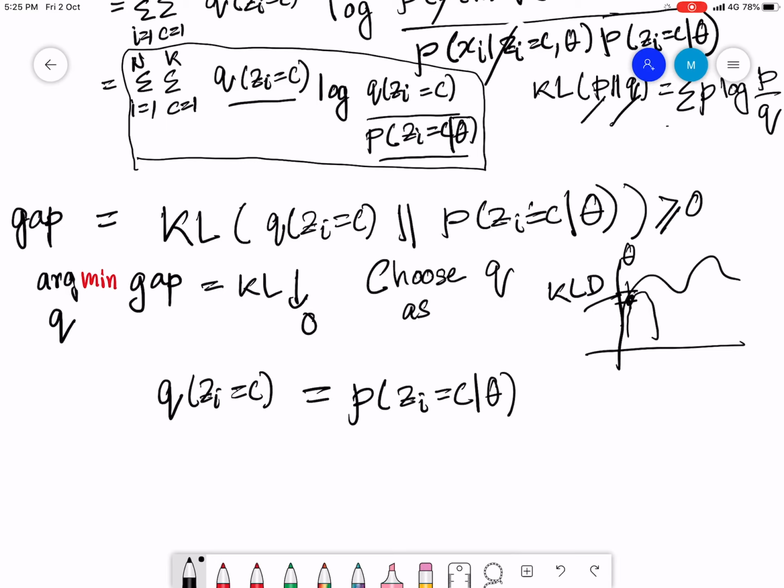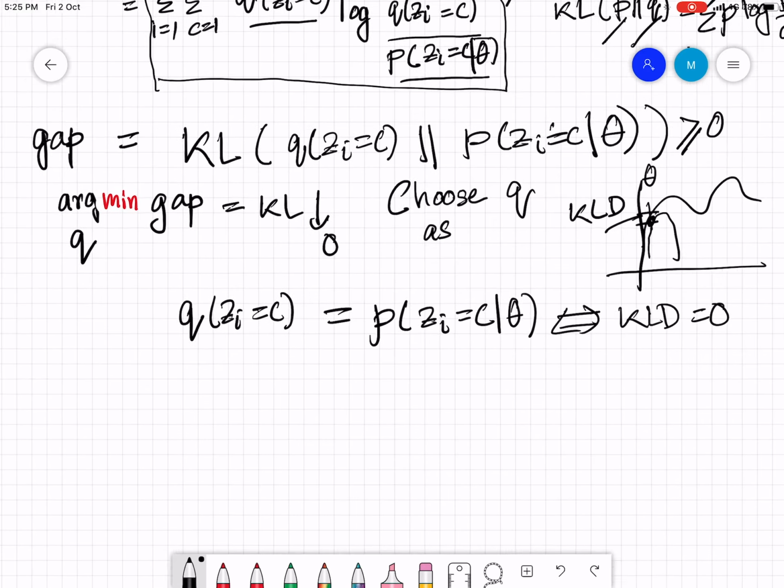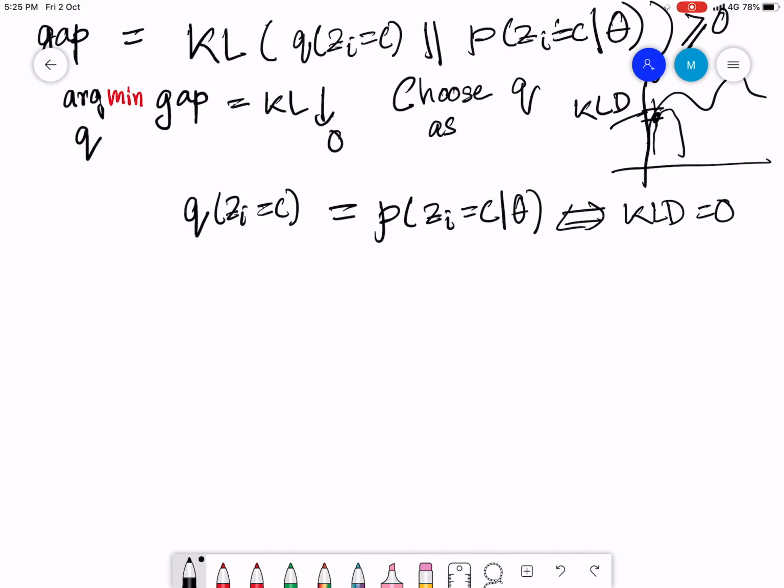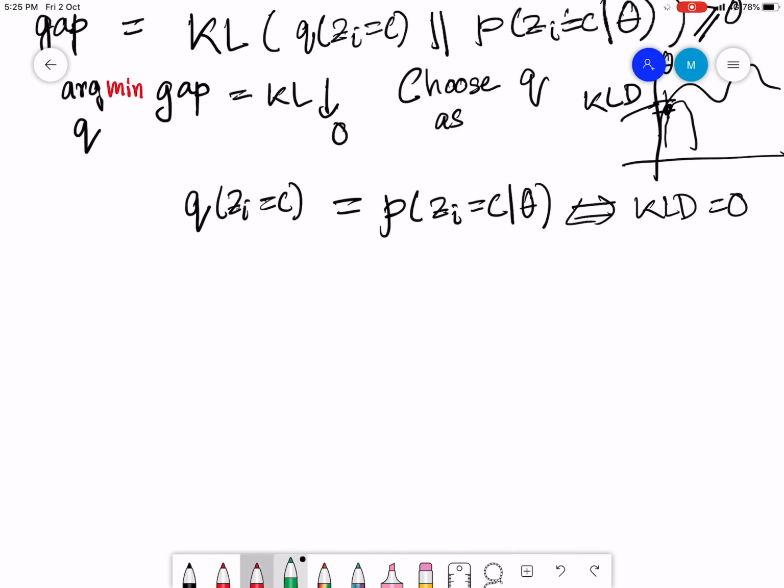That's your variational distribution. This will imply the KL divergence is equal to 0. So it is at this point that we get the best Q.